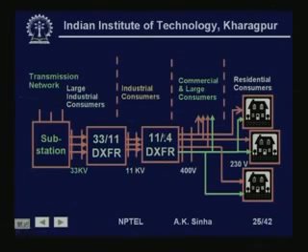Then from 11 kV to 415 volt, we have another transformation by means of a distribution transformer, and this in general is supplied as three phase 415 volt to commercial establishments, maybe large consumers, whereas it goes as single phase at 230 volts or 240 volts to various residences.